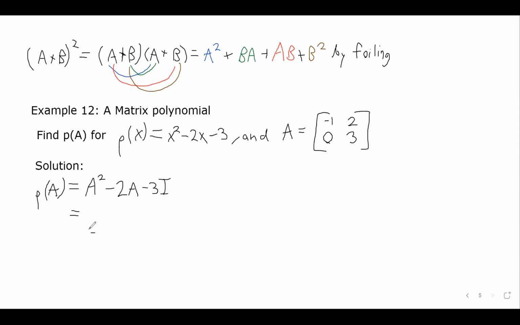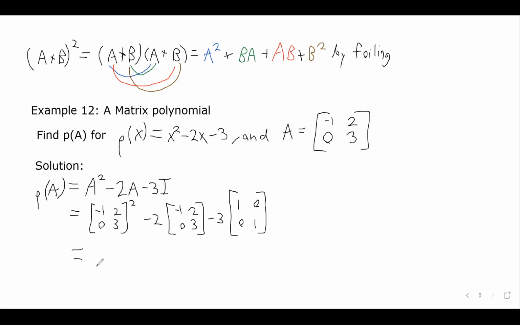That's equal to the matrix -1, 2, 0, 3 squared minus 2 times that same matrix, -1, 2, 0, 3, minus 3 times the identity matrix, 1, 0, 0, 1.